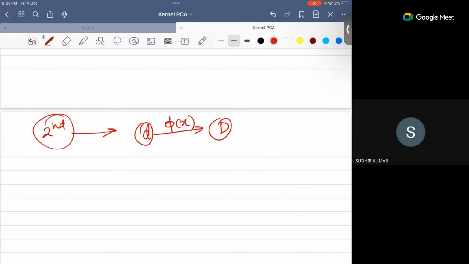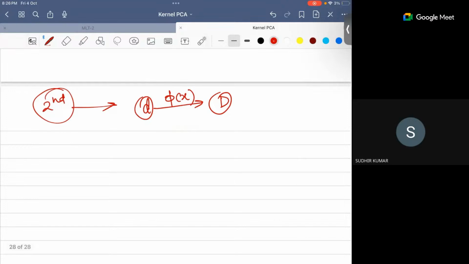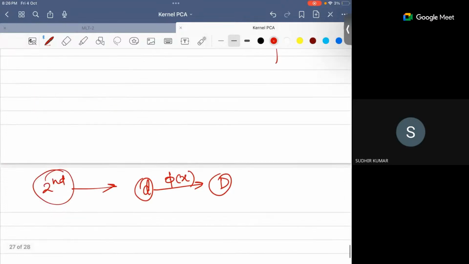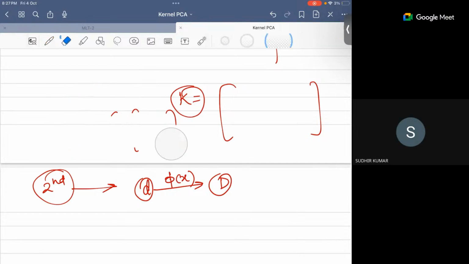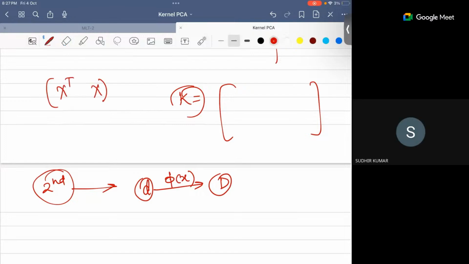So what we thought of, and there was a helpful feature in the starting, in the normal PCA when we were doing the covariance matrix. We came upon some formula. We thought that the covariance that we are calculating is basically this. If we are calculating the covariance, x x transpose or x transpose x, if we are multiplying these two matrices, for example x transpose x, because you have to work on this x transpose x.